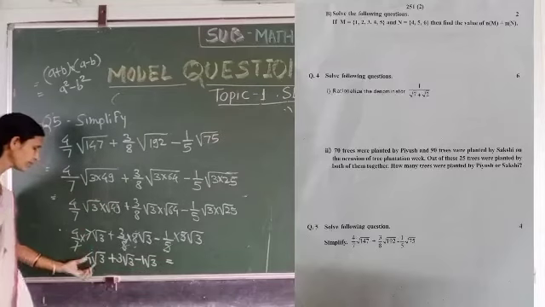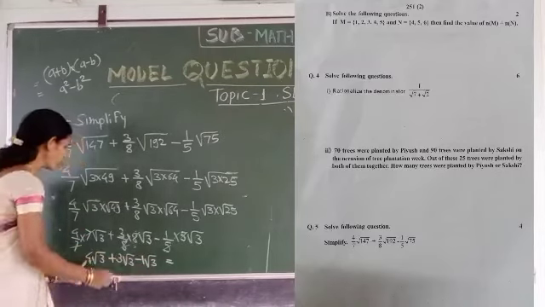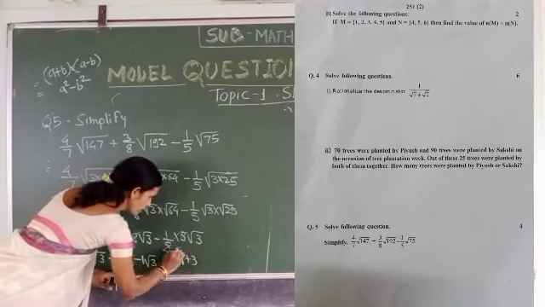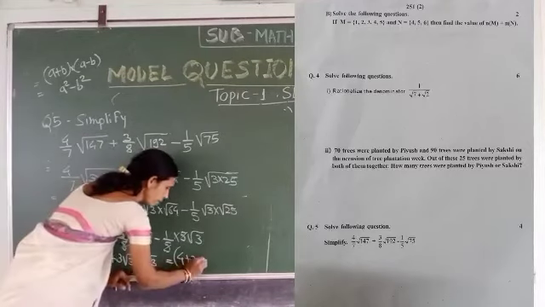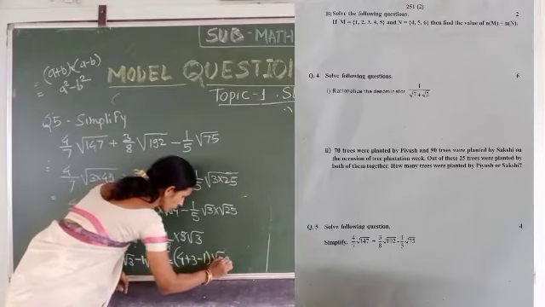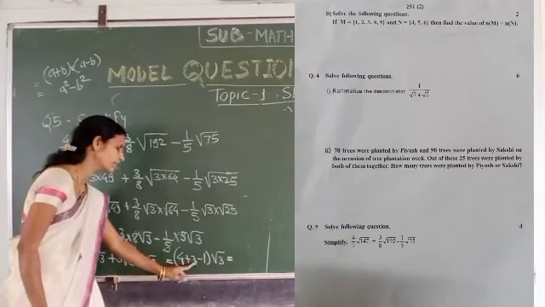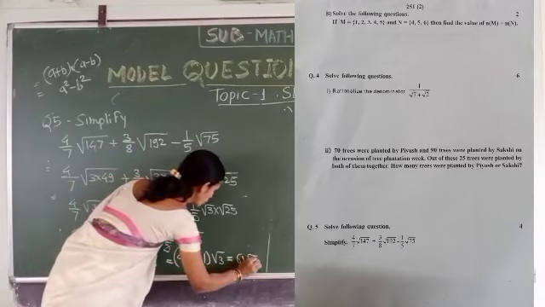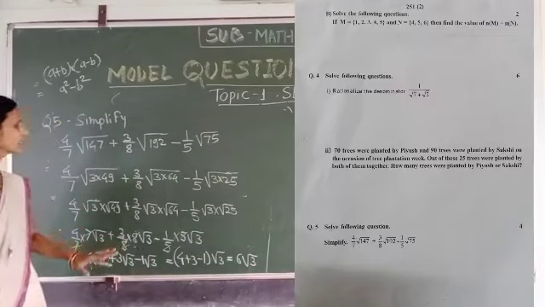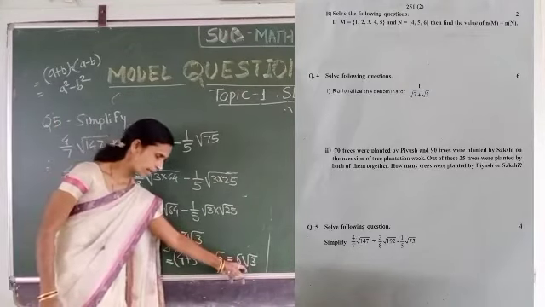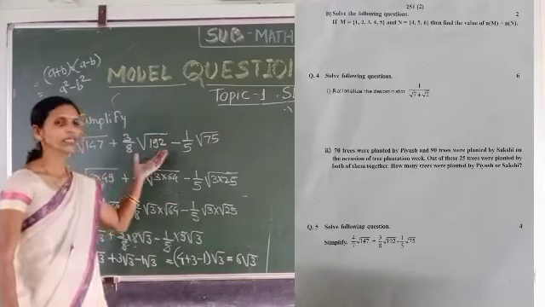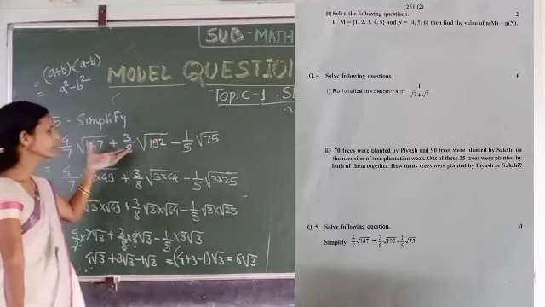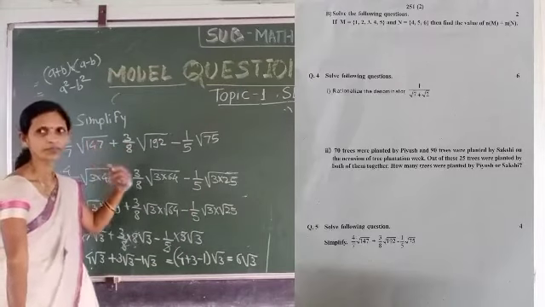Those are like surds, so we can simplify: common root 3 is taken out, and 4 plus 3 is 7 minus 1, that is 6 root 3. That is the answer of this given example which we obtain by simplifying this surd.